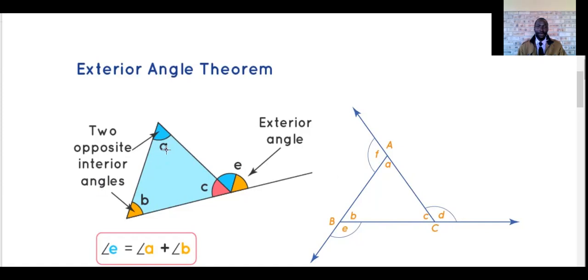Well, let's deal with this first. If you add A to B, you must be able to get E as indicated here, you see?